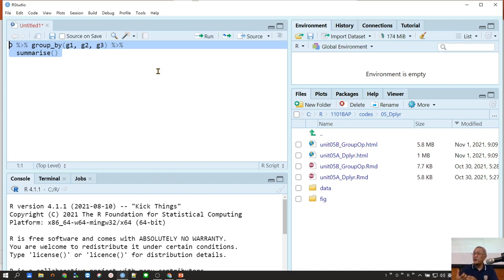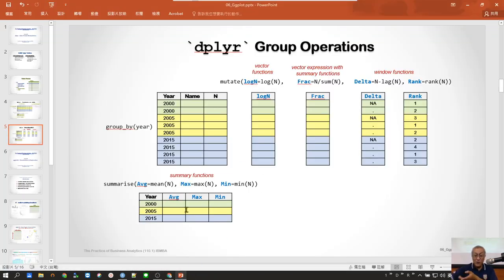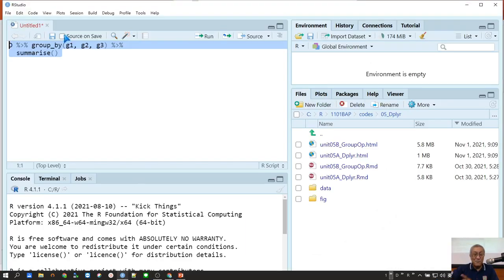The reason that G3 is removed is because every G3 is already grouped into one row. So that G3 structure is no longer needed, but G2 and G1 are still needed.